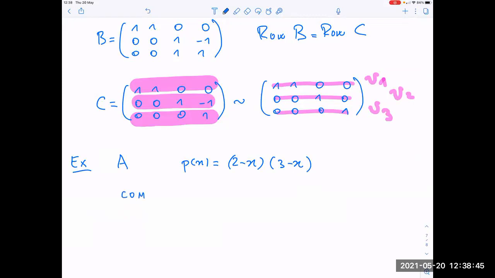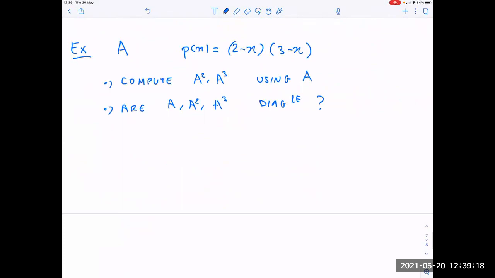First, we want to compute A squared and A cubed using A, so write them down as an expression involving A. Then the second question: are A squared and A cubed diagonalizable? So let's consider these 2 questions. The idea is that you have to use the Gram-Schmidt algorithm, right? So let's see how you do this. As soon as you have some ideas, you can pop them in the chat if you have questions.